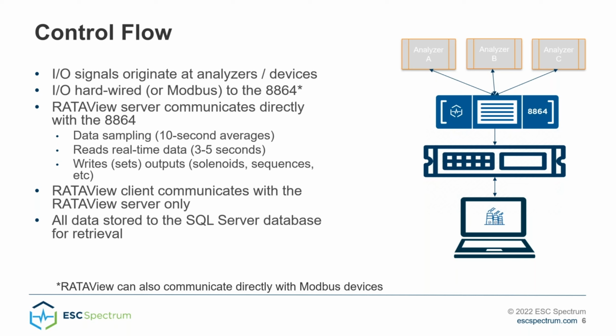It also reads real-time data, and that controller also turns on digital outputs. The RATAView client communicates directly with the server, and the client can also be installed on the server if you want to do it that way. And all the data is stored to the SQL Server database, so you can retrieve that data at any time.